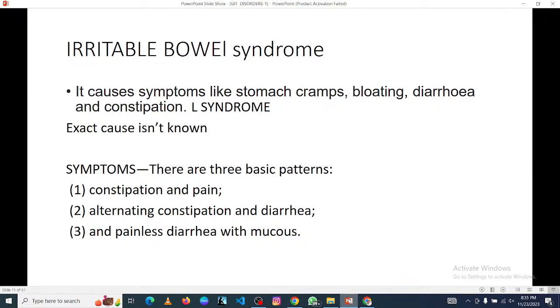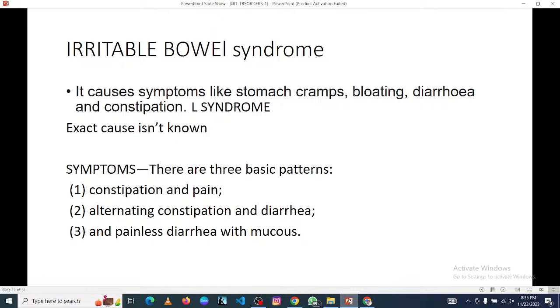IBS is now the topic. IBS is a group of disorders. To be specific, that is ulcerative colitis. I believe most of us know ulcerative colitis.